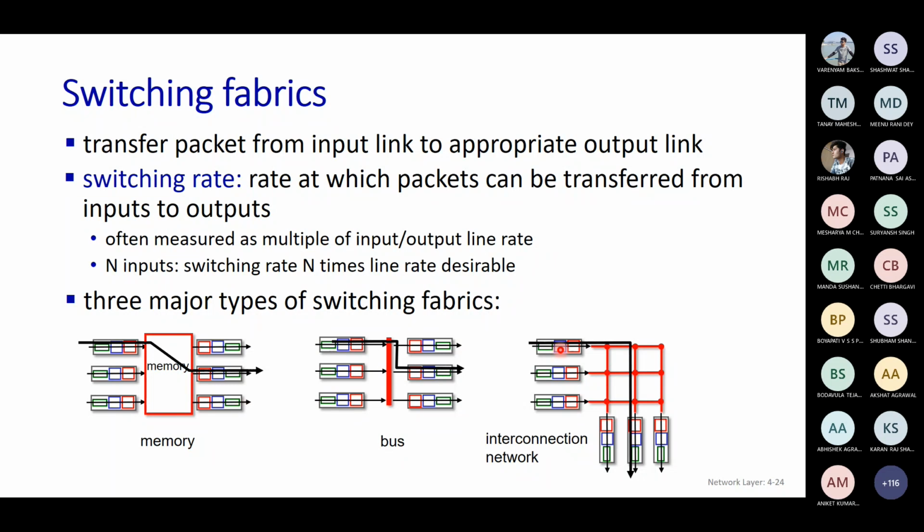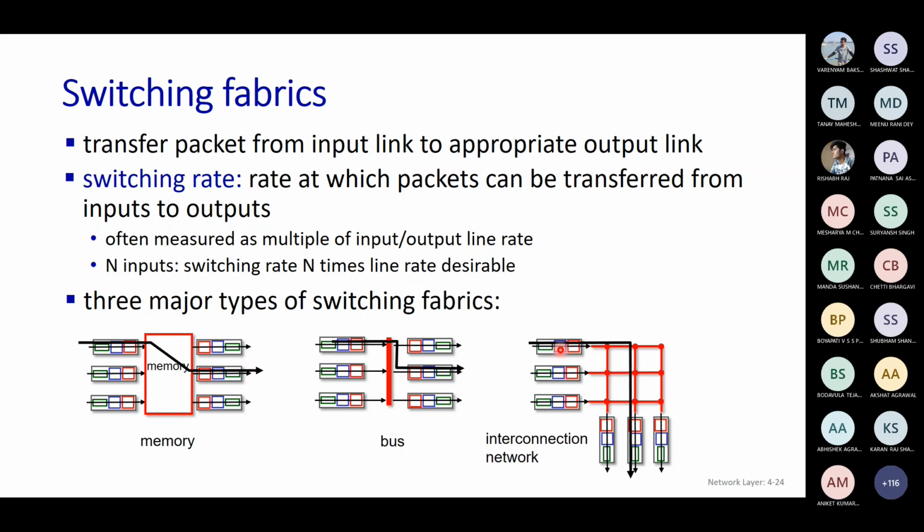Of course, it is not possible to have this ideal switching rate of n times R, because it is a hardware based module, and it is definitely going to be costlier if we have a very fast switch fabric. In this part of the chapter, I will give you a little bit of history on the switch fabric.